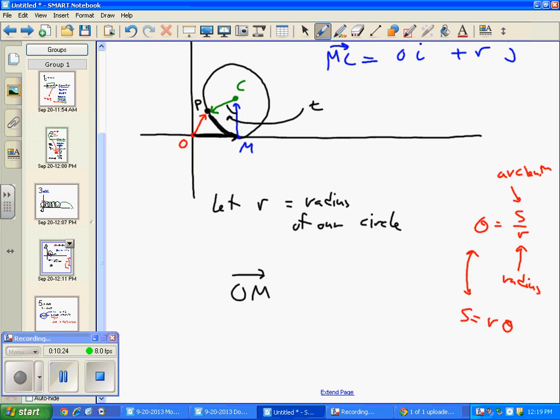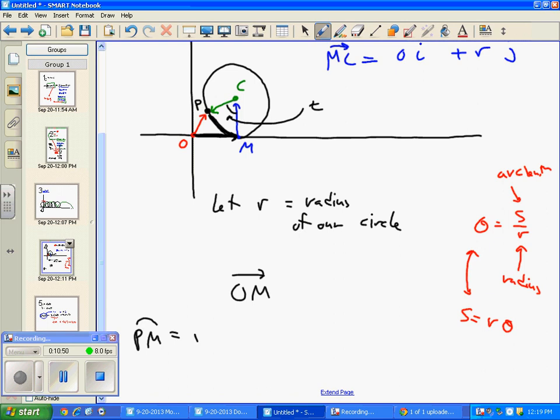So, that being the case, we know this equation is true. We actually know how long that arc is. Arc PM, right, has a length, has a distance. What does it equal? Well, if we use this formula, the arc length is the radius of the circle times the angle.